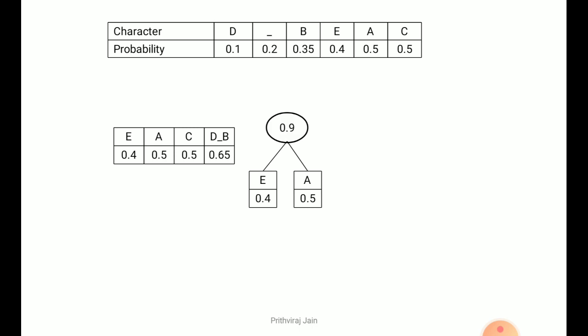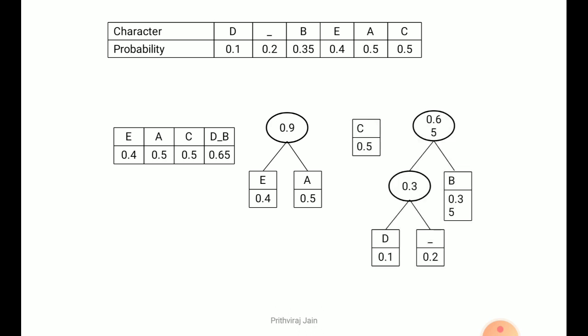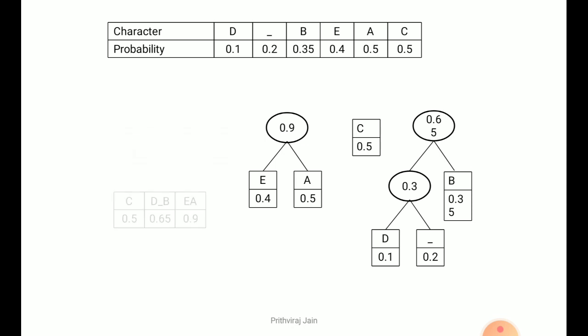We get the new node with frequency or probability 0.9, and the remaining nodes stay as they are, and in the table we get the data 0.5, 0.65 and 0.9.